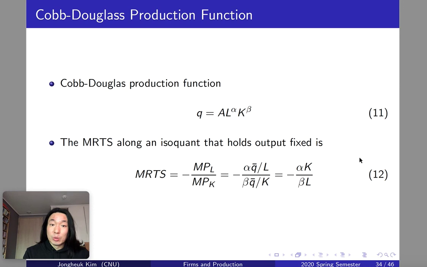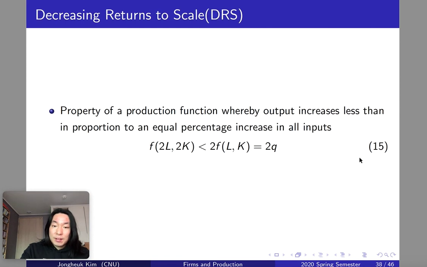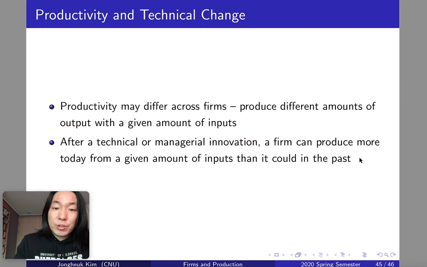We have ignored A in equation 11, but I told you A is defined by the total factor productivity, which represents technological changes. So changes in A can definitely affect Q, the output. So many economists are really interested in the level of A, or the evolution of A.